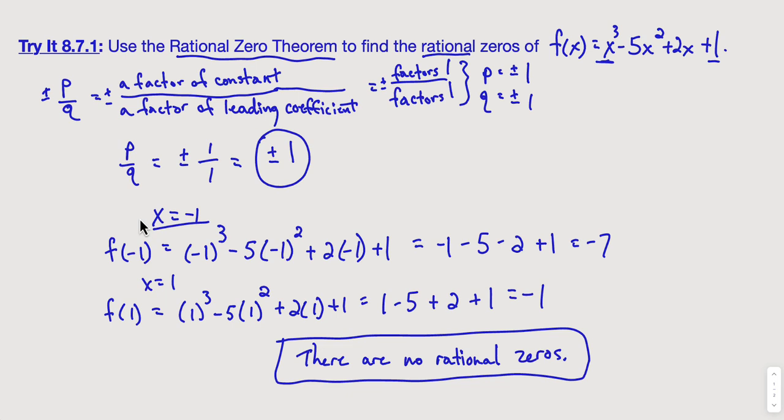If they don't, then that means that any zeros that exist, which in this case, since it's a third degree polynomial, there would be 3 zeros, are either irrational or complex. And we could see if they were in the real number system by simply graphing the function and seeing if it crosses the x-axis. If it doesn't cross the x-axis, then the zeros are complex.